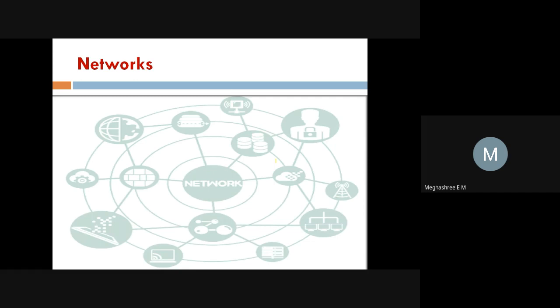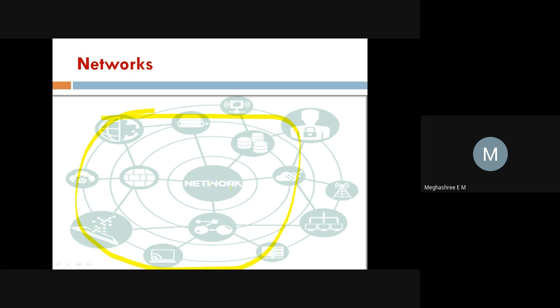So now tell me, what is this network? Anyone? What is a network? See, you can see here the image that is in the slide. What is the network here? Can you see at the center? Network is written.